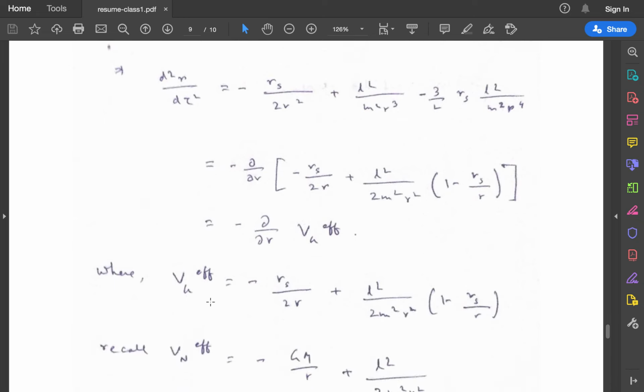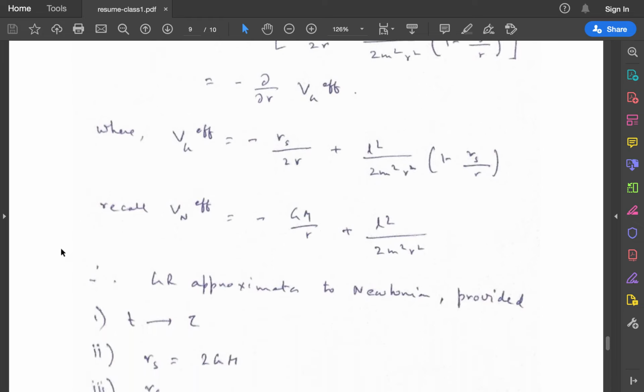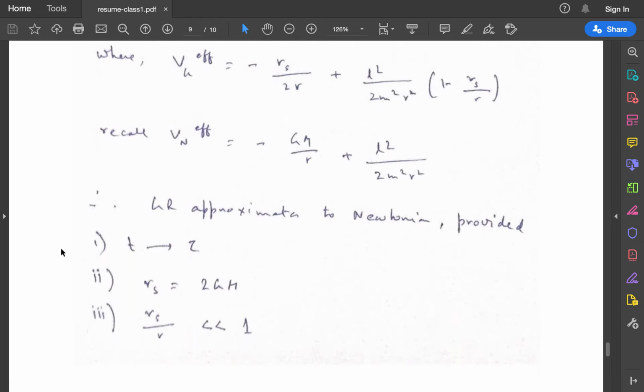Okay, so what is this G effective? G effective is r minus rs by twice r, plus l square by twice m square r square, times 1 minus rs by r. Recall what the effective potential is for the Newtonian case. It is similar to this, but there we have Gm by r, and instead of this extra term, we have only the single term. So if I want to make the GR approximation from the Newtonian term, what are the things that we need to identify?